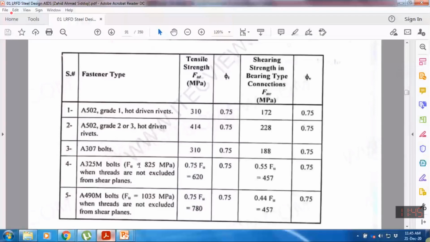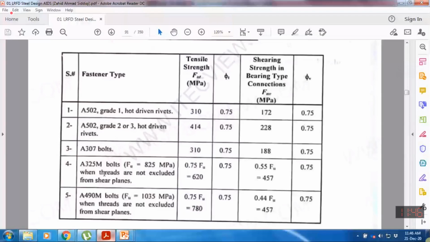And the shear strength is considered differently because even though we have the bolt, our thread area will be on this side, but at this shear plane we will not have any thread. It means that if shear failure occurs in the bolt, it will always occur at the point or area where we have no thread.